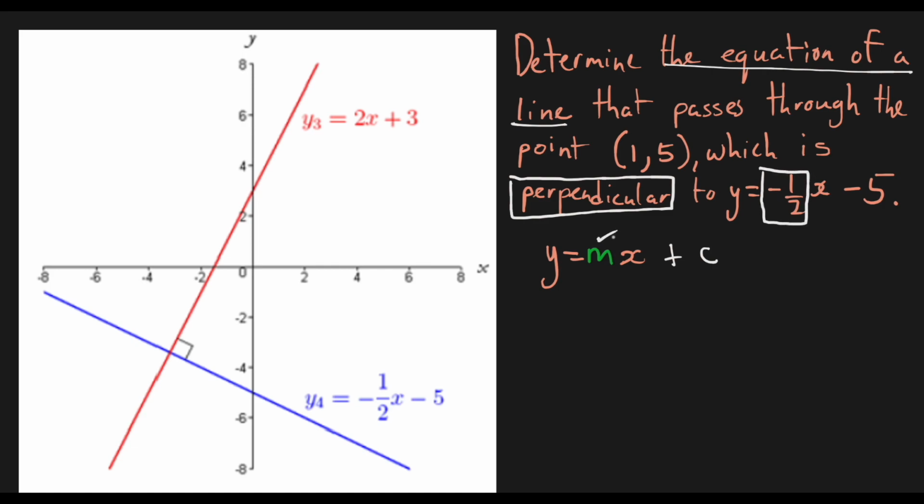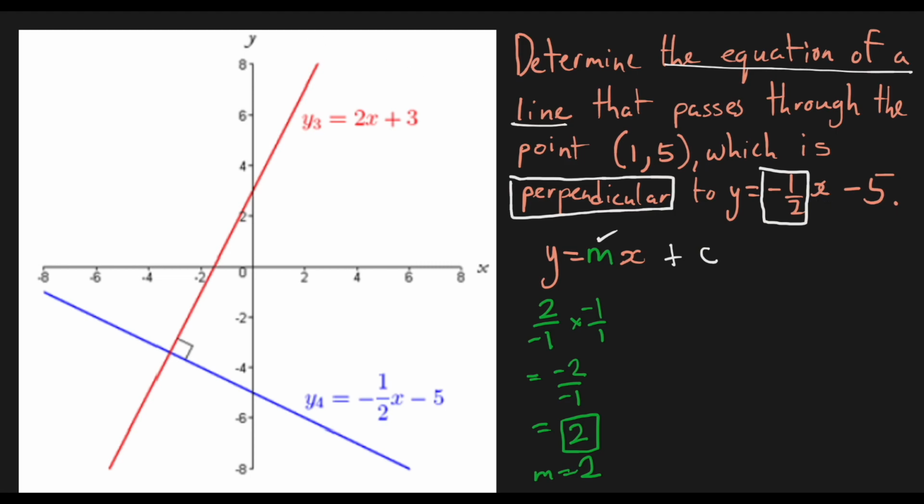Since we are looking for the perpendicular, we know that it's a reciprocal of this, and we change the sign. So if we flip that, we're gonna have 2/-1, then we multiply that by -1, we'll end up with -2/-1, which is essentially 2. So we know that the gradient for this new line that we're looking for is 2.